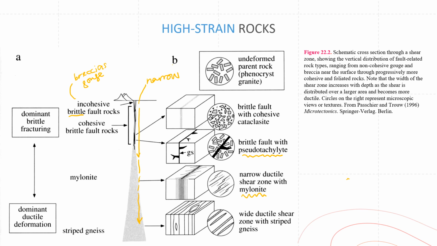So because the rocks are ductile, gneisses generally develop, and they're indistinguishable from gneisses from a more regional orogenic metamorphism. So that is what we would discover at this depth. So you would have striped gneisses, and that is the relationship between depth and the different rock types.